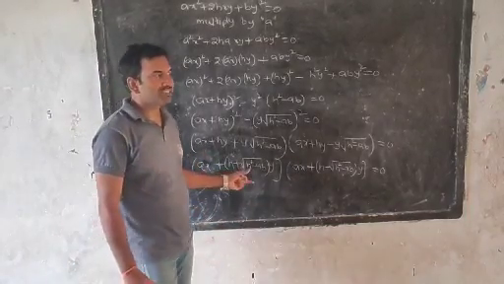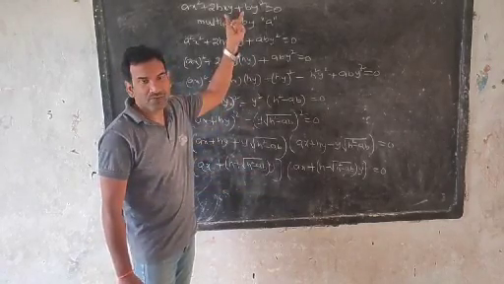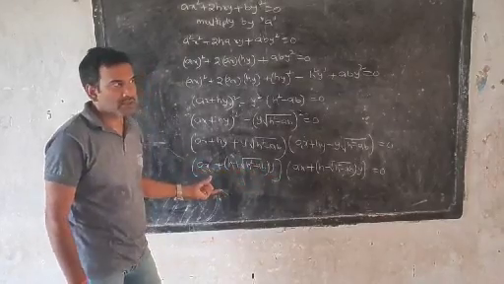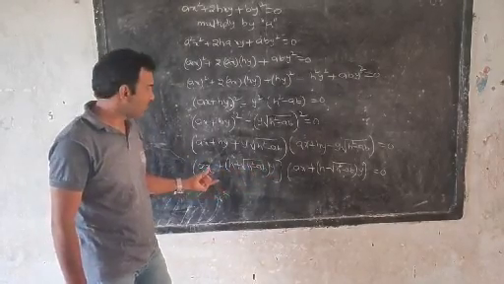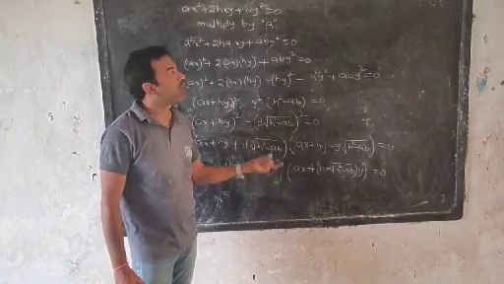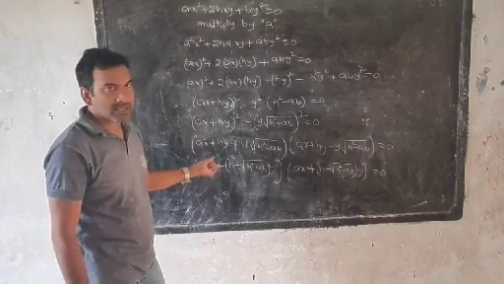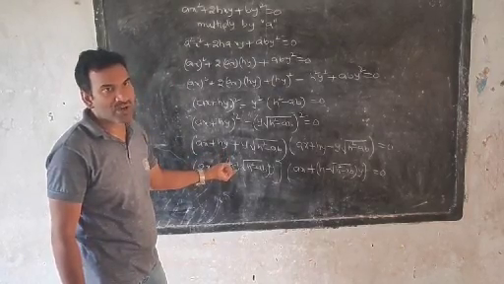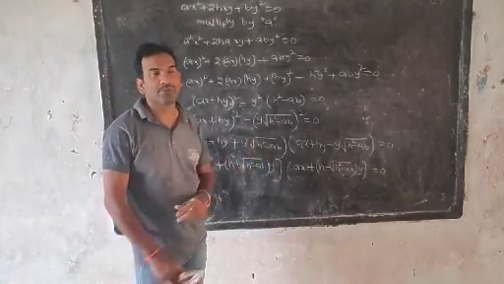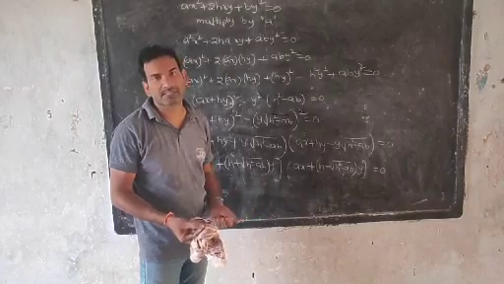This is the procedure to split this homogeneous equation, or otherwise you can easily remember this. If you remember this, we can easily split the homogeneous equation. So ax plus h plus or minus square root of h square minus ab into y equal to 0. Plus or minus indicates two straight lines.